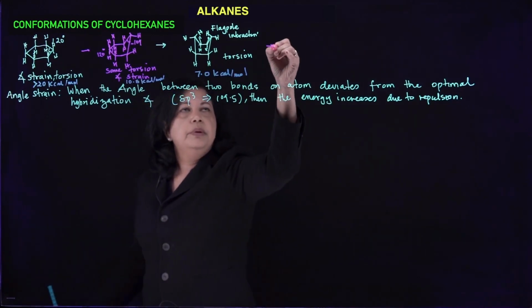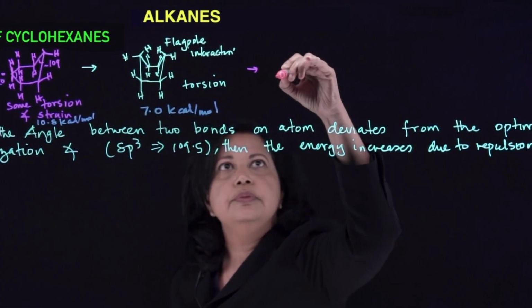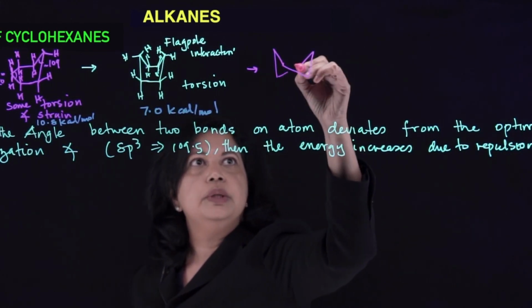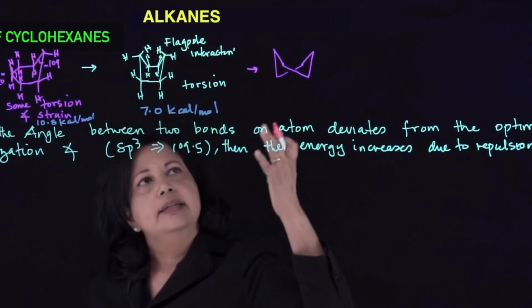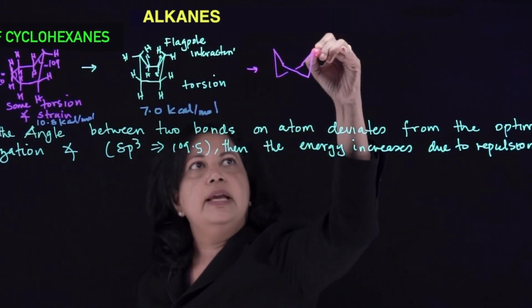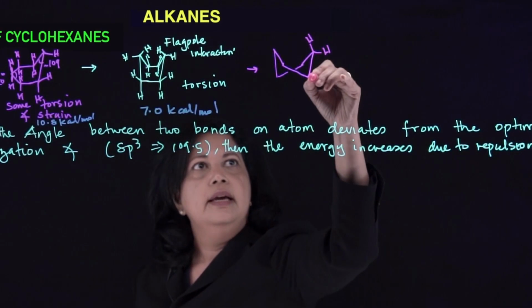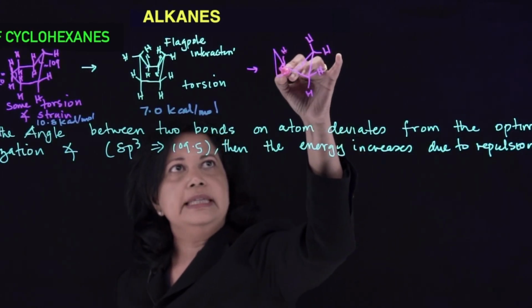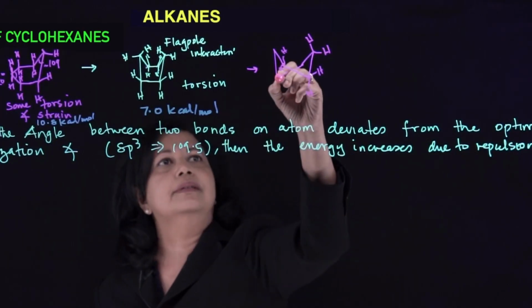Our twist boat is just when you have, let's say, this and this kind of twisted up like that. That also relieves some of the flagpole to some extent, and some of the torsion also, just because they're not exactly parallel to each other. All right.